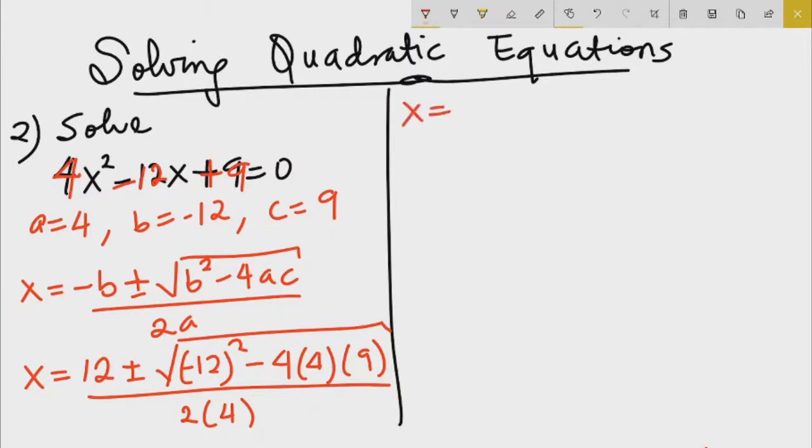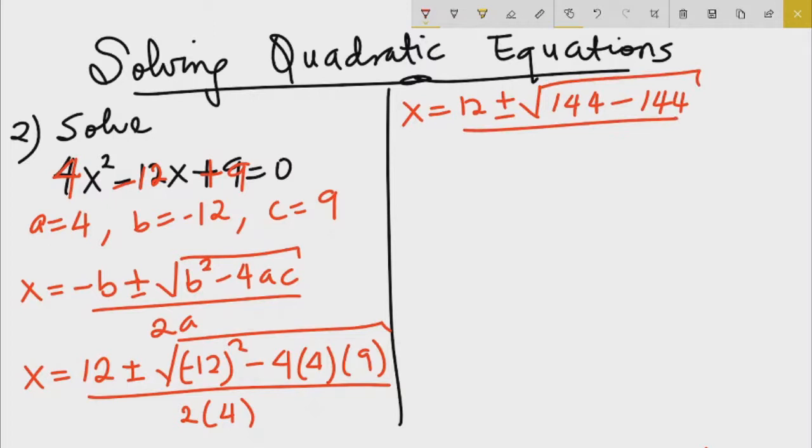So x will be 12 plus or minus. Negative 12 multiplied by negative 12 will give us 144. 4 multiplied by 4 will give us 16. 16 multiplied by 9 will give us another 144. 2 multiplied by 4 in the denominator will give us 8.